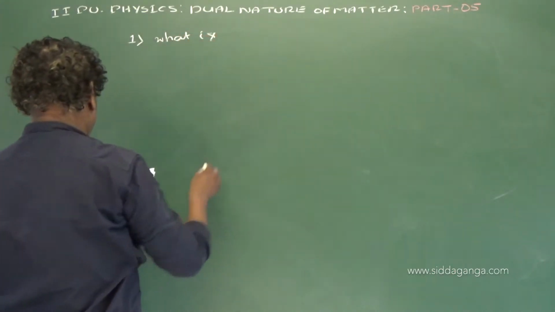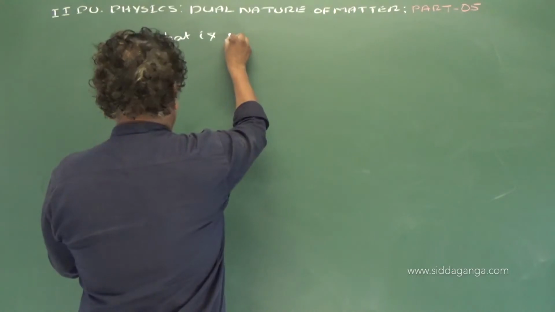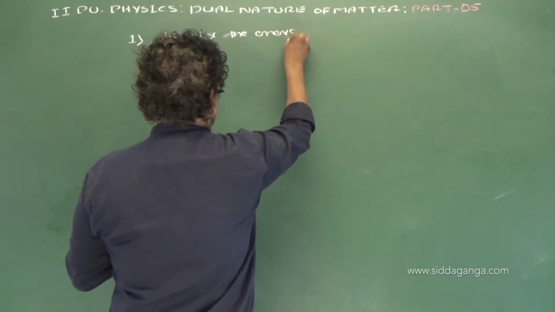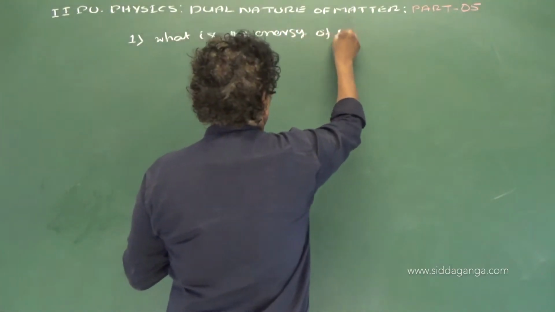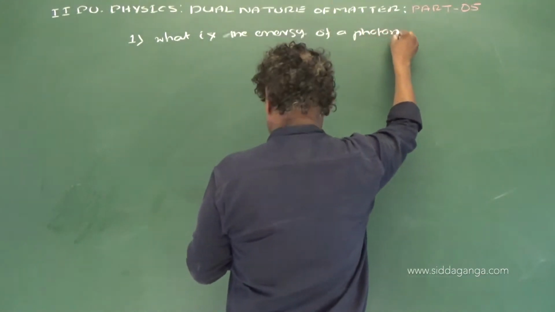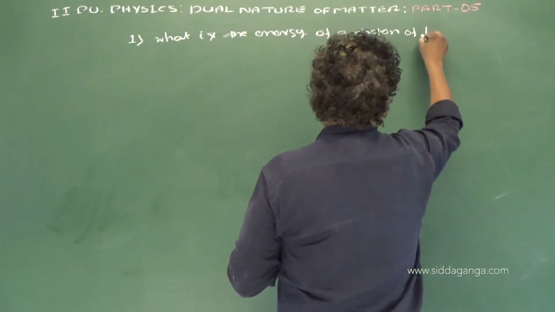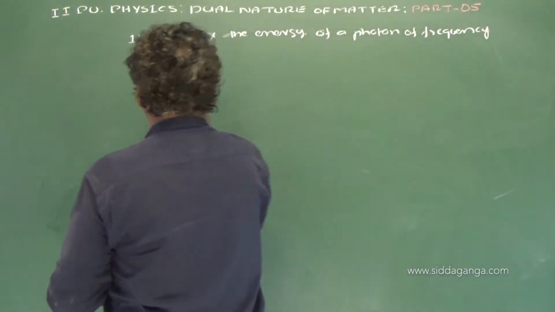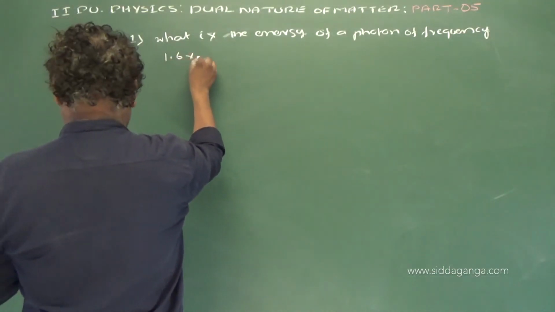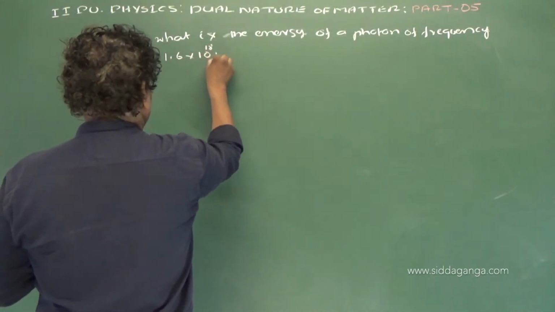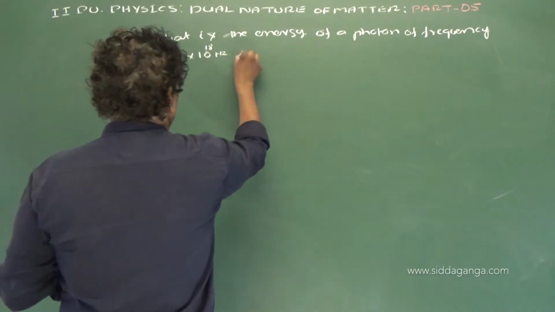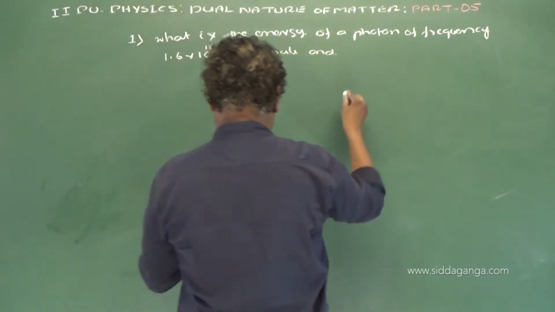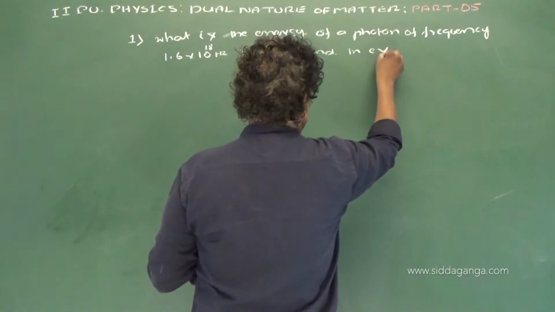What is the energy of a photon of frequency 1.6 into 10 raised to the power of 18 hertz in joule and in electron volt?